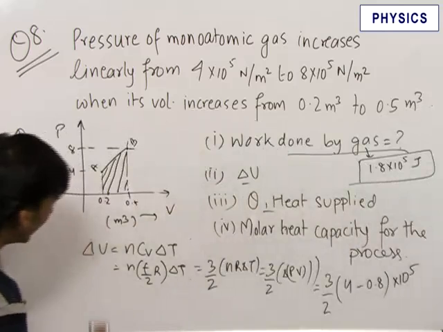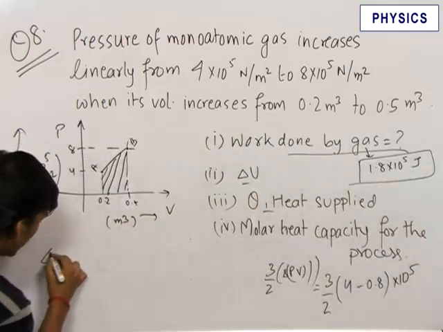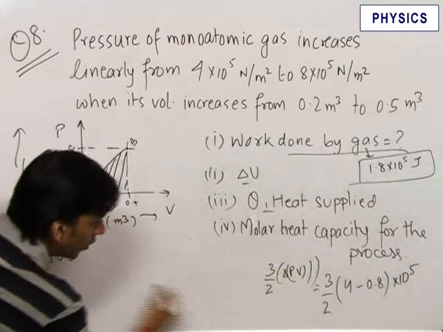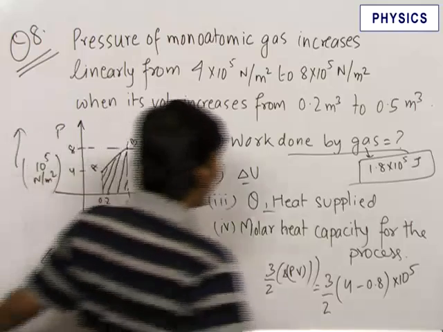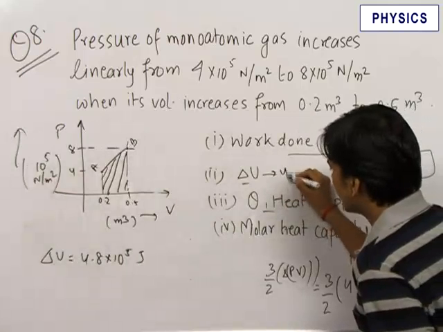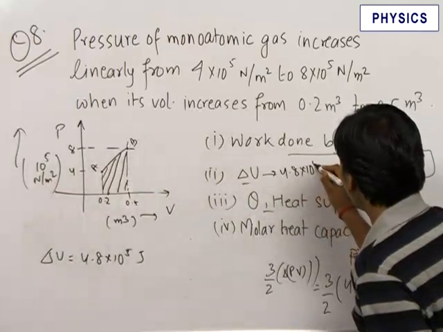Now on solving this we get delta U is equal to 4.8 into 10 raised to 5 joules. So we again get the answer for the second part, that is 4.8 into 10 raised to 5 joules.